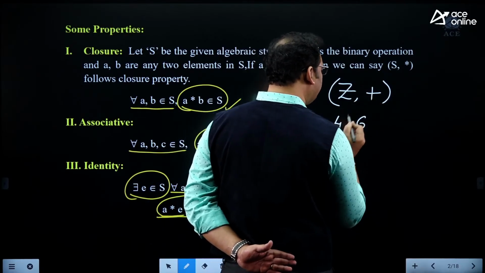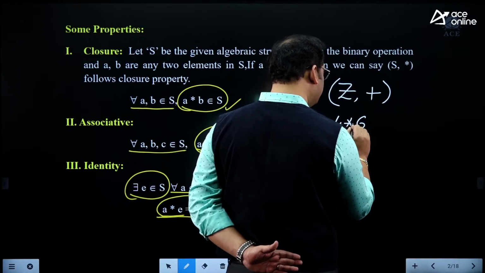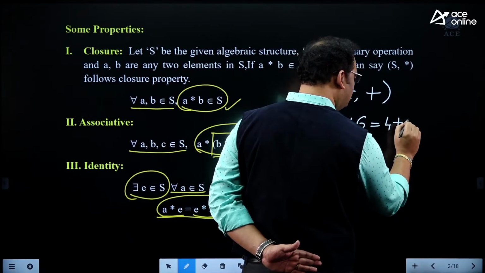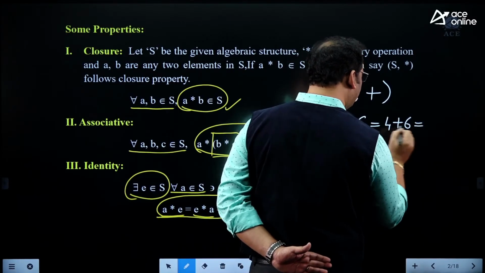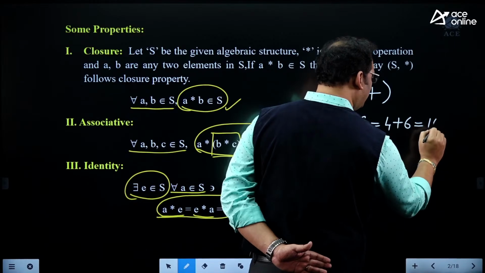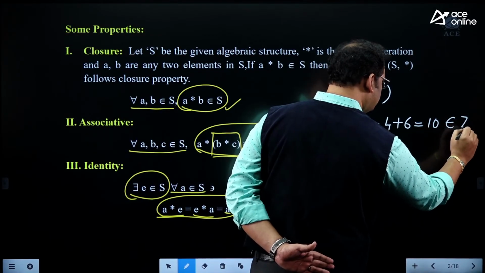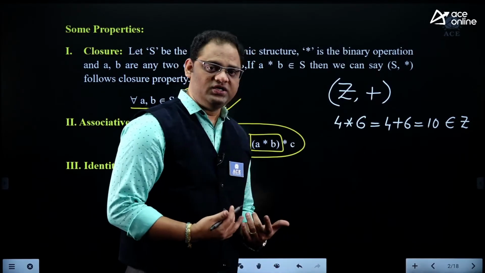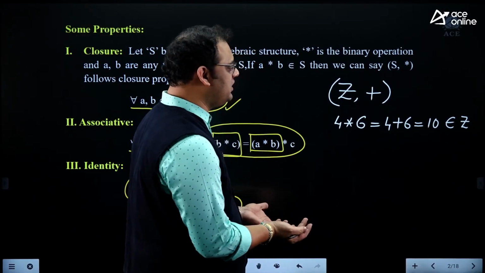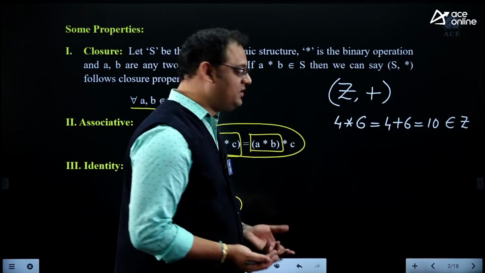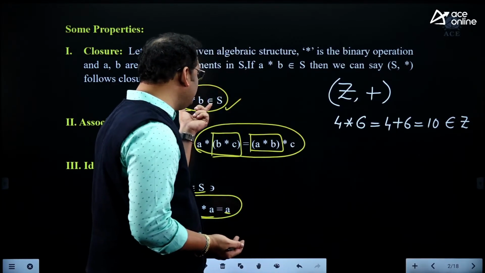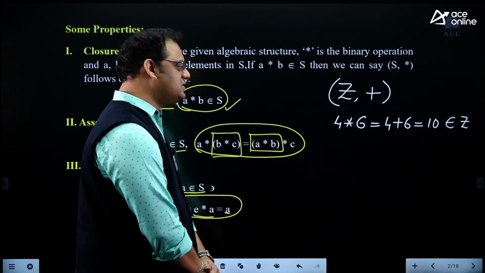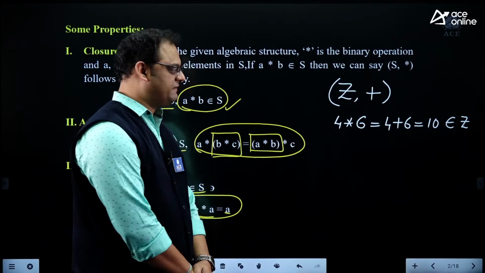If you operate them with a star, 4 star 6, star is nothing but addition in this particular example. 4 plus 6 equals 10, and 10 also belongs to the same Z, which means that the addition of two integers again results in an integer. So what I am trying to convey here is that A star B belongs to S for every A, B. If you take any pair of elements, A star B must belong to the given S.